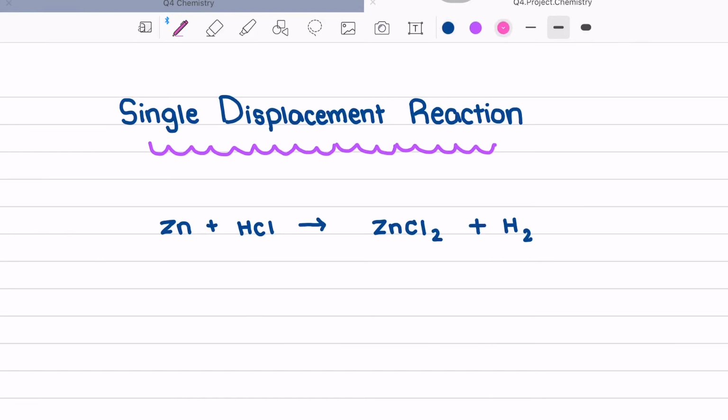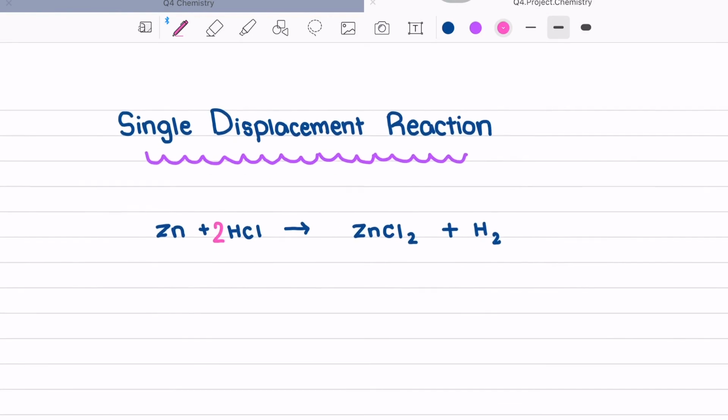Now, HCl, you can see that the numbers of H and Cl for both sides are not yet equal because H and Cl on the reactant side have only 1, but the product side has 2. So we have to balance it. Now let's put 2 in front of HCl. It's equal now because both sides have the same number.